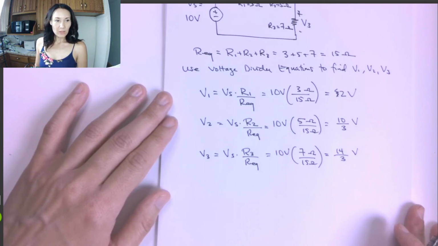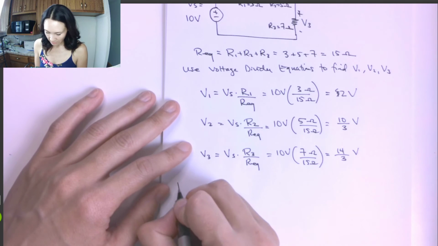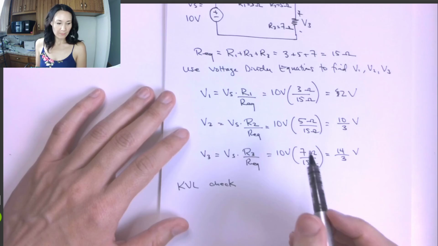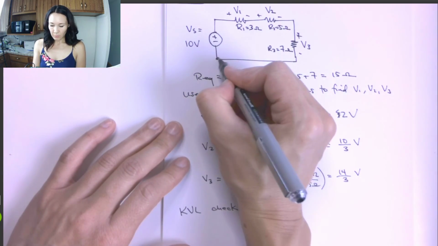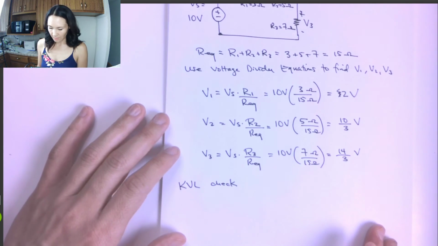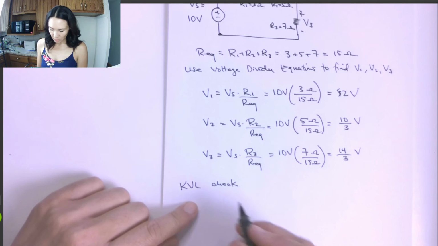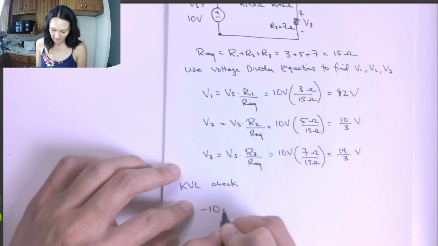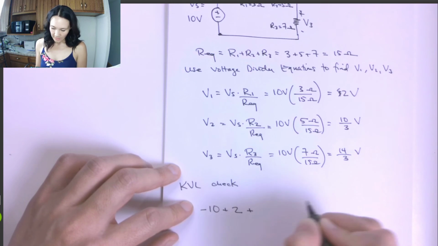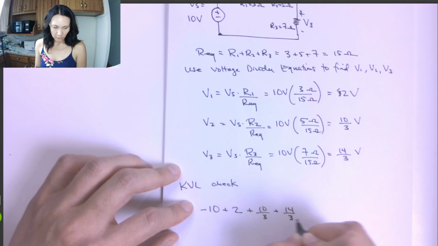Great, so then it's a good idea to do a KVL check just to check all of your math. So our KVL check, to make sure if we start at this point in the circuit and go all the way around, adding up all the voltages and keeping straight our passive sign convention, we should get negative 10 plus 2 plus 10 over 3 plus 14 over 3.